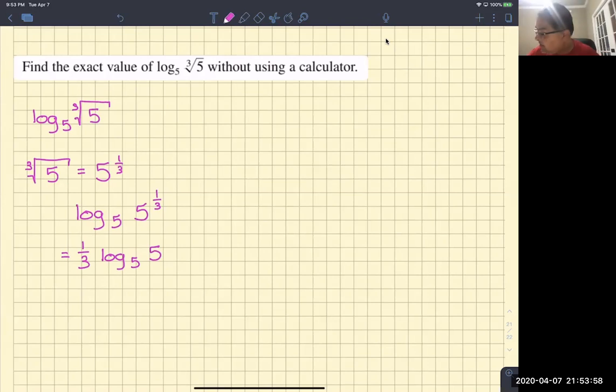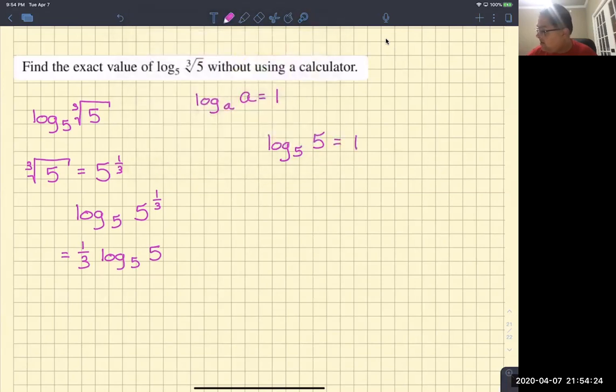Well, what is log base 5 of 5? Remember from our previous lecture, this is one of the identities of a log. So the log base a of a is 1. Remember how to do these? 5 to what power gives me 5?